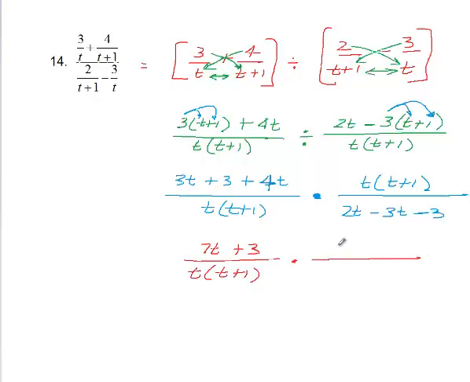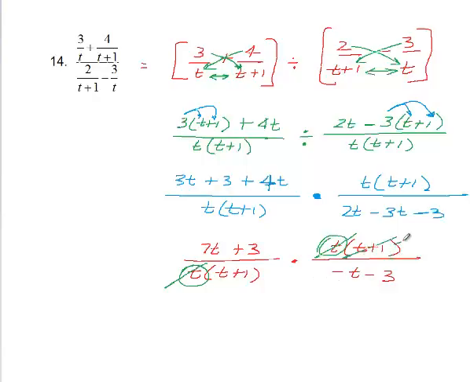Multiplied by t over, and then times t plus 1. Here we're going to get minus t minus 3. Right? 2t minus 3t is minus 1t, or just minus t minus 3. Now let's see what cancels. This t here cancels with this one, and you can cross cancel now because it's multiplication in the middle.